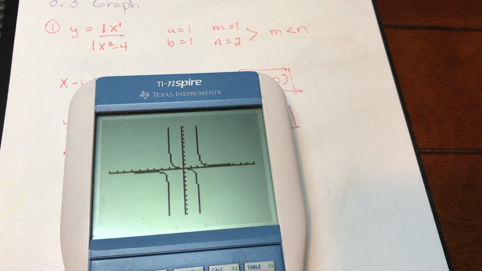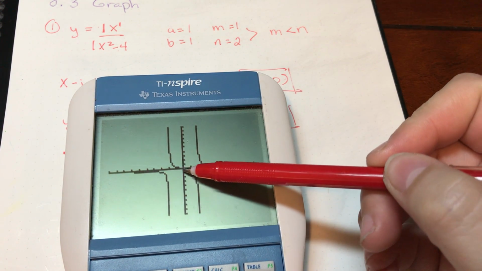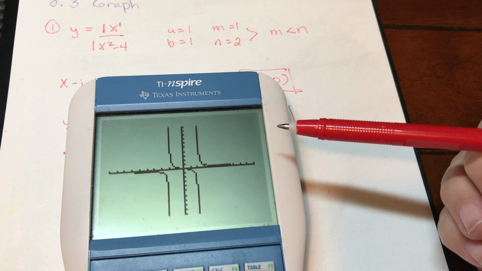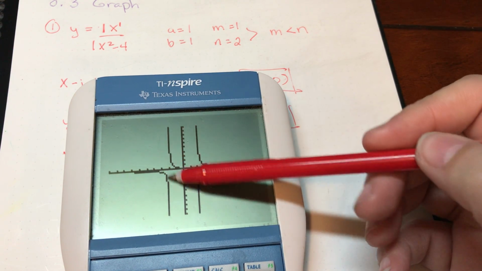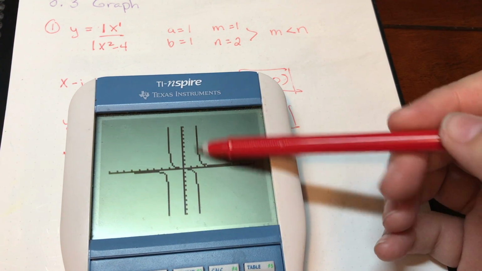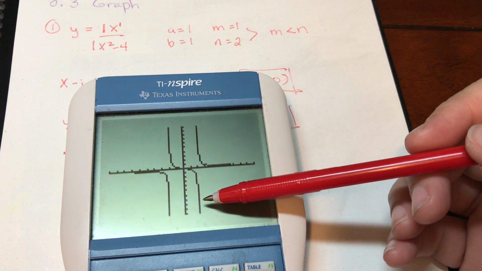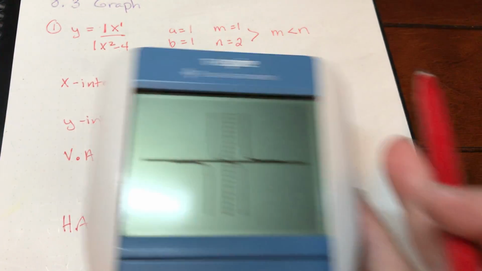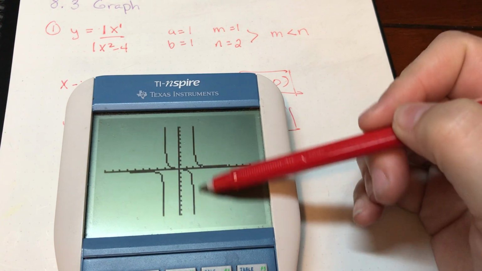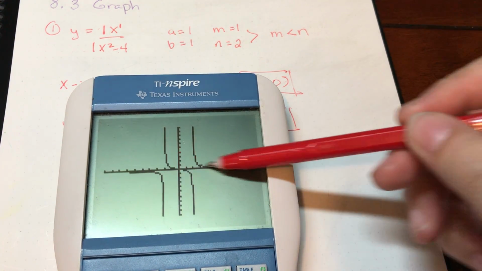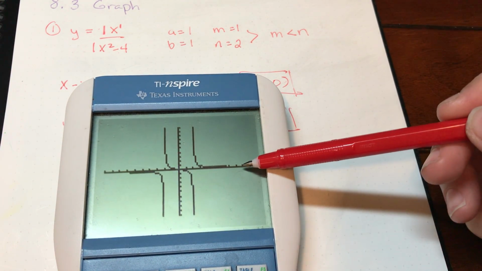We can see the x- and y-intercept right there at the origin. We can see my vertical asymptotes here and here at negative 2 and positive 2, and we can see the horizontal asymptote at 0.